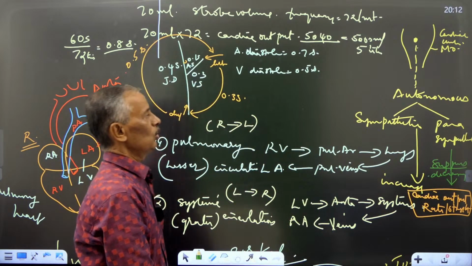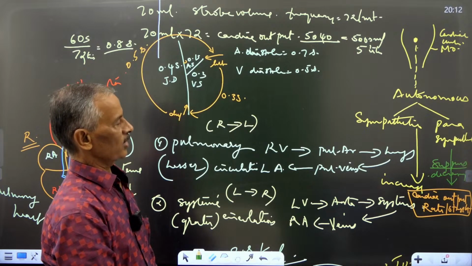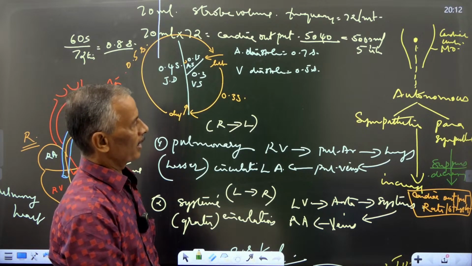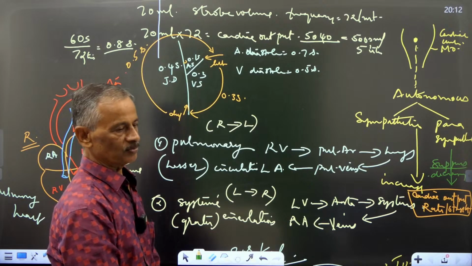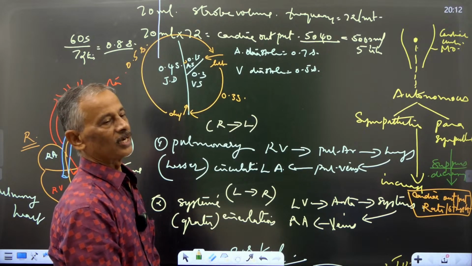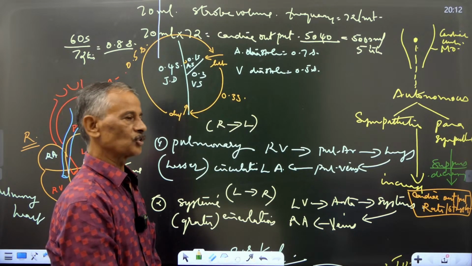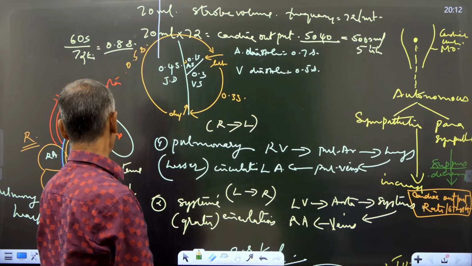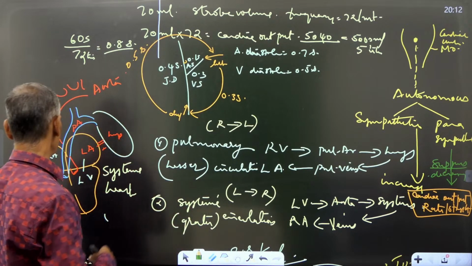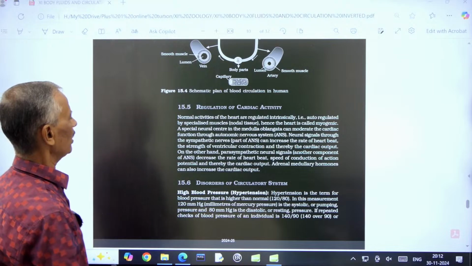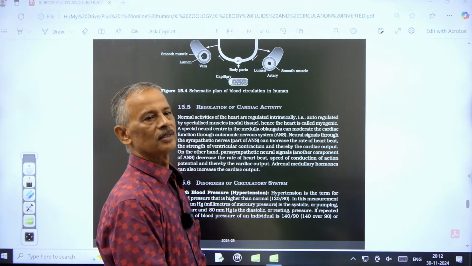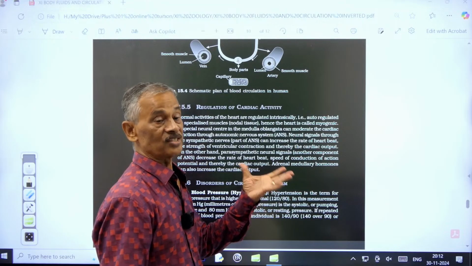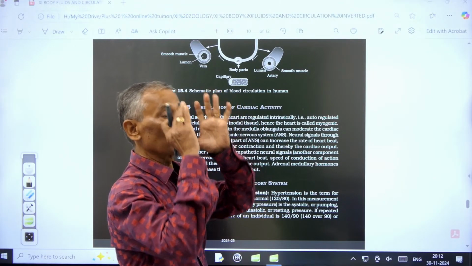Okay. So through autonomous nervous system, by sympathetic and parasympathetic chains or systems, it is regulating the functioning of the heart. Either it is increasing if sympathetic system is activated, and if parasympathetic system is activated, it is coming back.